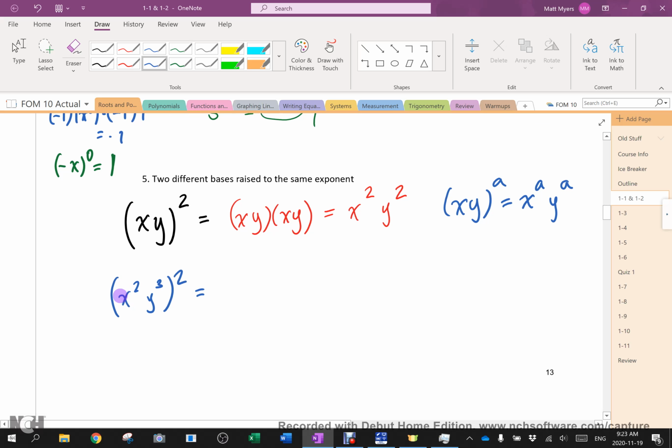Can somebody tell me one way I could write this differently and still have the same value? Seth: x times x times y times y times y, and squared. Okay, what could I do with that? I could write it again because it's squared, right? So I could write x, x, y, y, y, x, x, y, y, y.